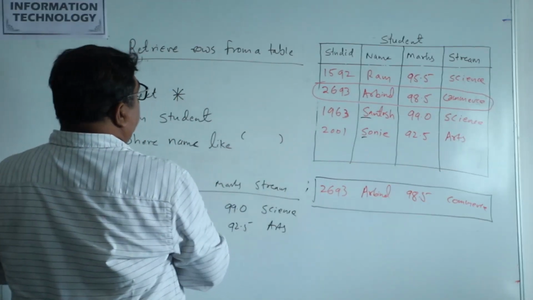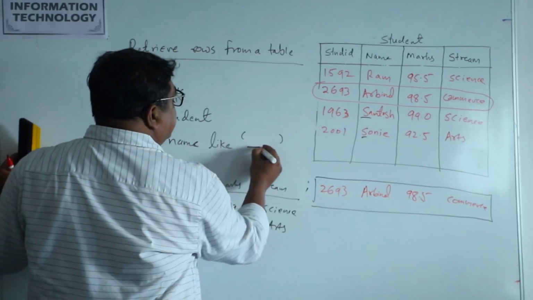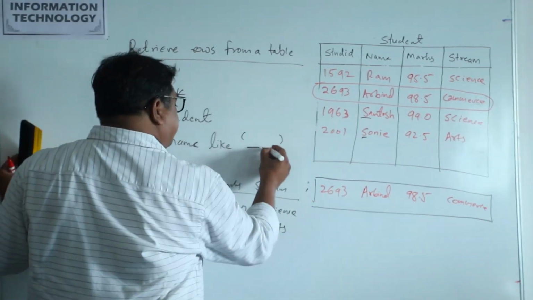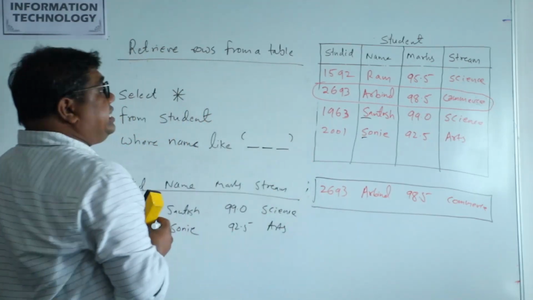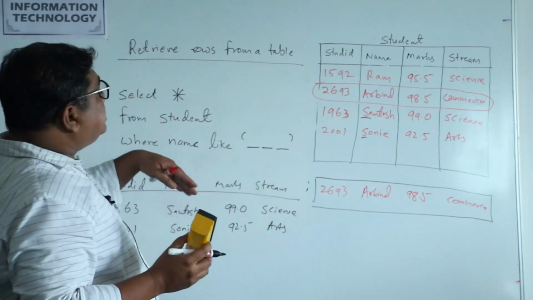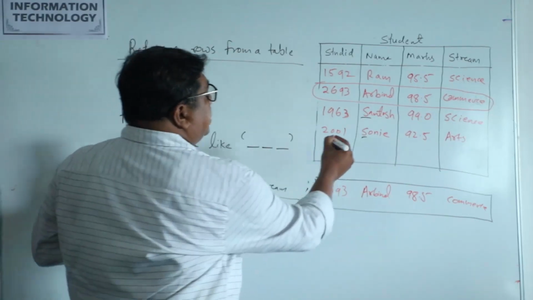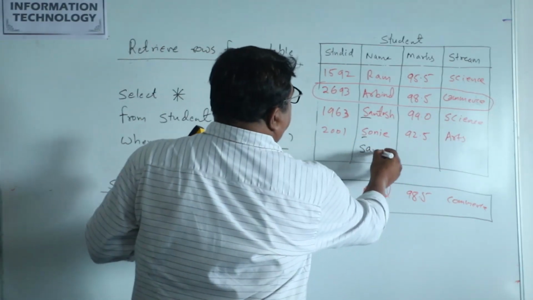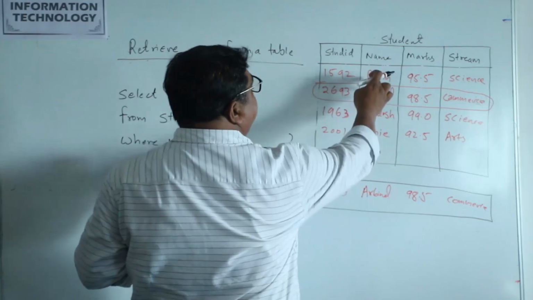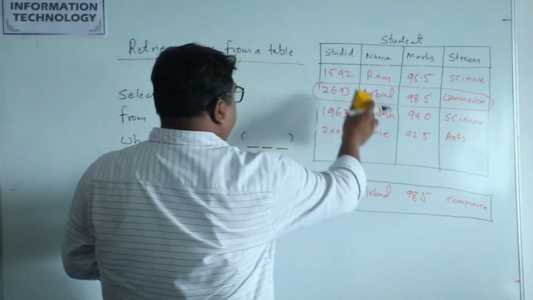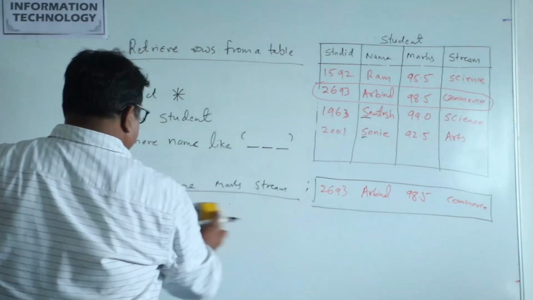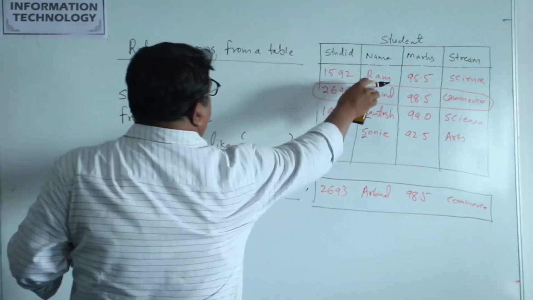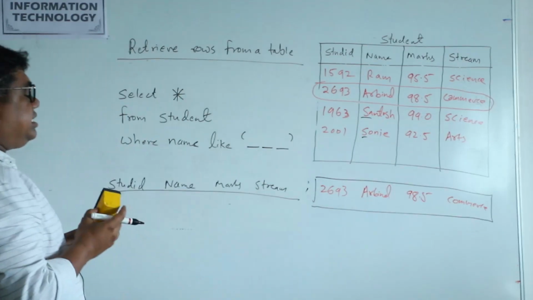I will write where name like underscore, then again one underscore, then again one underscore. Exactly 3 characters. Suppose I have a record such as Sam, it will also be displayed. It will display the information of only Ram here, because this is exactly 3 characters.